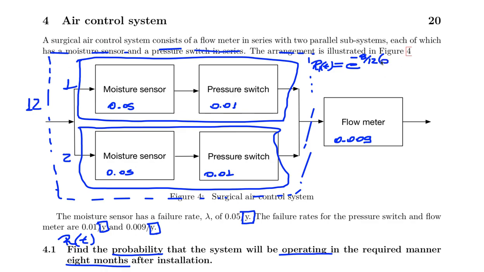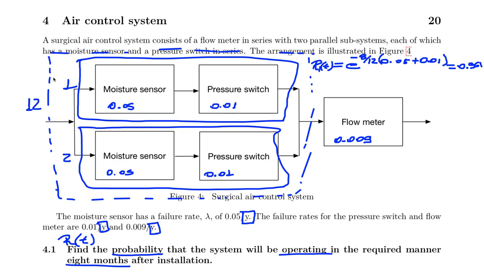So 0.05 plus 0.01, which is equal to 0.961.